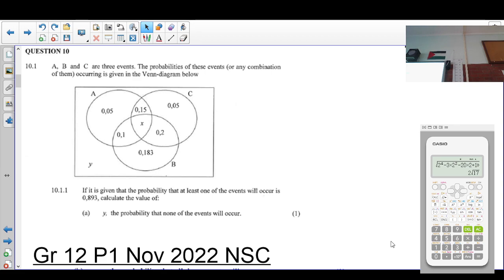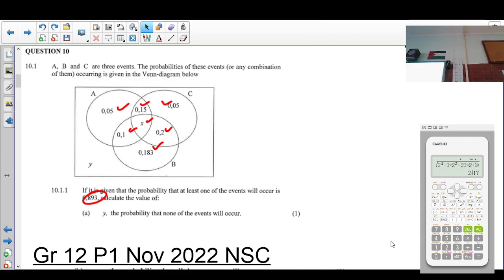If it is given that the probability that at least one of the events will occur is 0.893, calculate the value of y. At least one of these events occurring means that the sum of all of this here is going to equal 0.893. That's basically what it means. You all okay with that?